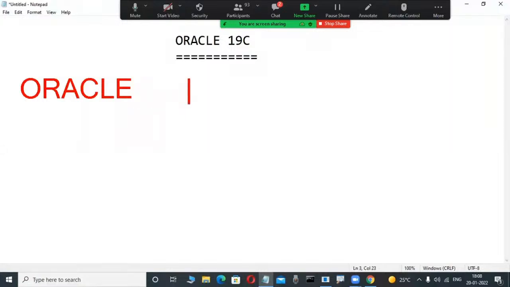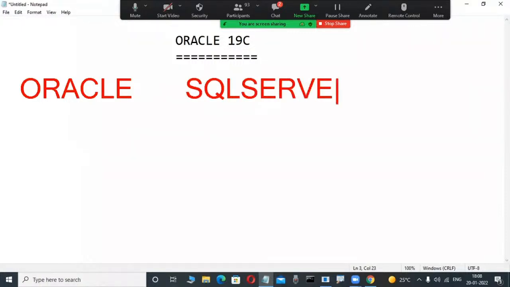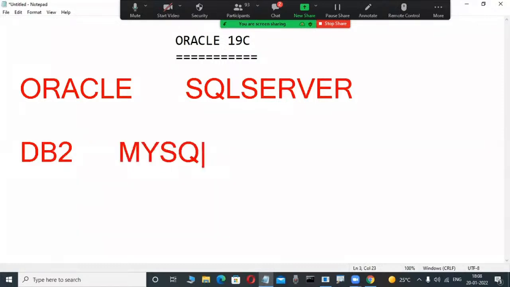Different companies: SQL Server is a database product from Microsoft. DB2 is a database product from IBM. MySQL is an open source database product, but nowadays Oracle Corporation has purchased it.